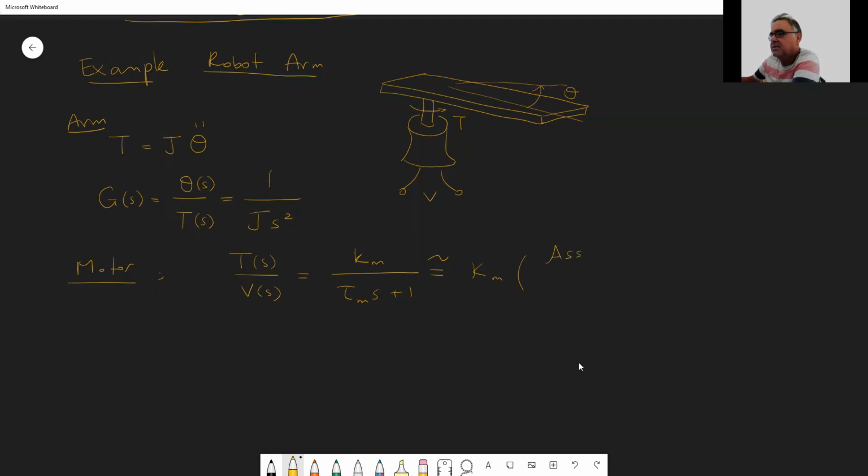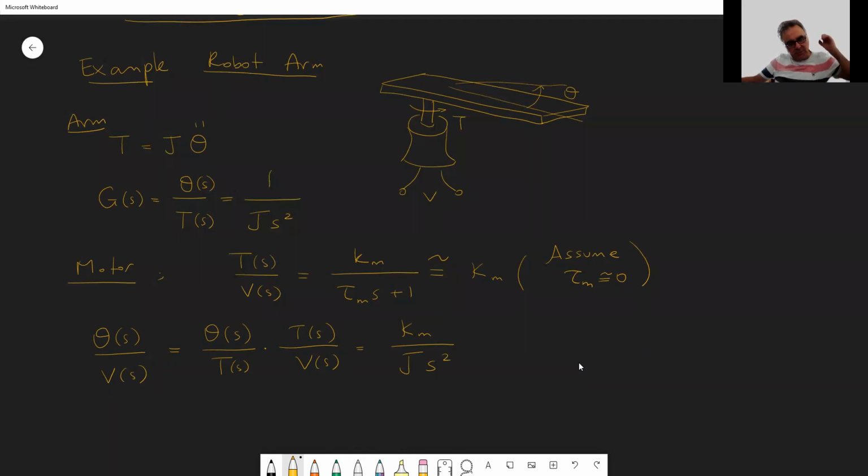So we assume the motor time constant is 0. So the theta of S versus the voltage is the arm transfer function times the motor transfer function, T of S over V of S, which is Km approximately, divided by J s squared.